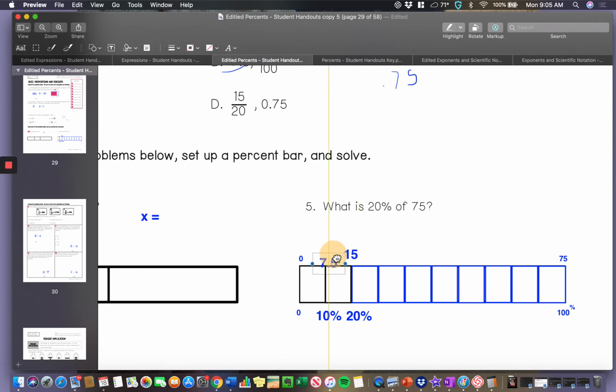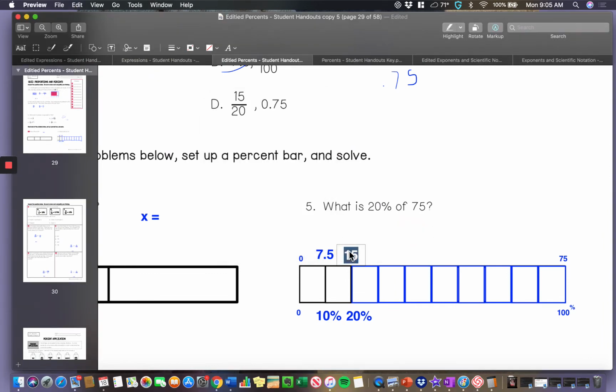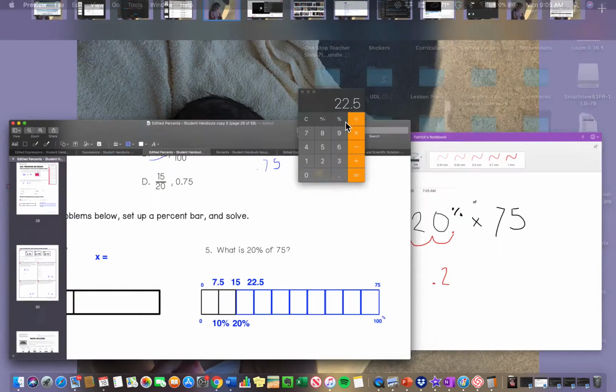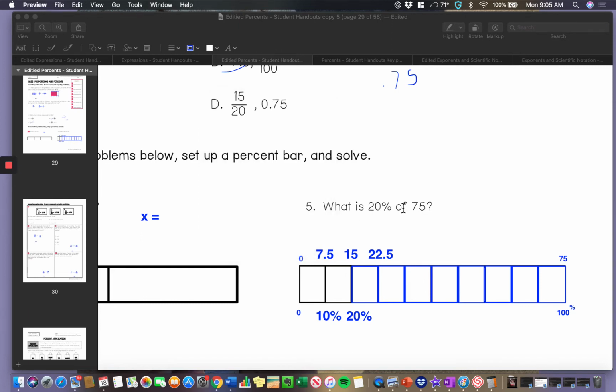And if you remember in the lessons above, I can take 7.5 and add it to 15 to get my next value right there. So I can take 7.5 and add it to 15, and I'll get 22.5. And then again, I'm going to add 7.5 to the previous number, and I'm going to get 30.